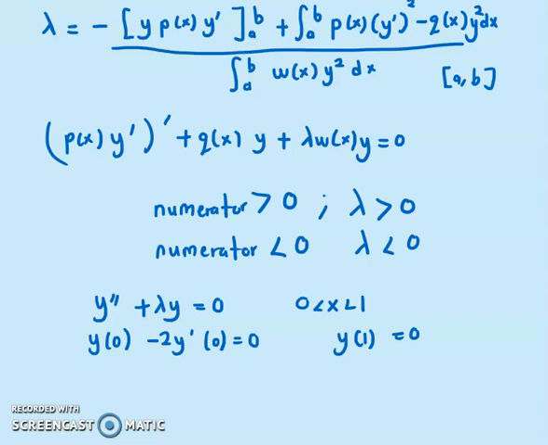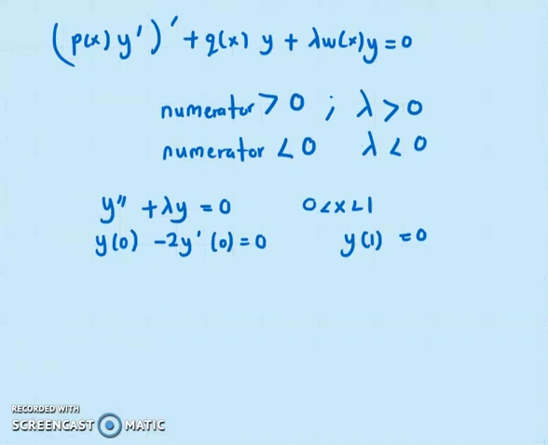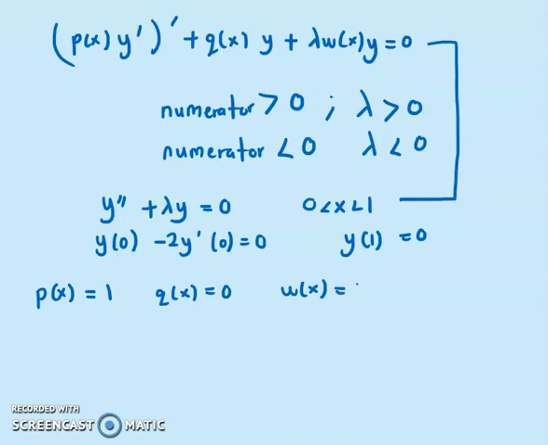By comparison to the standard form, comparing this with this, we know my p(x) is 1, my q(x) is 0, and omega(x) is 1. And the interval is a equals 0, b equals 1.